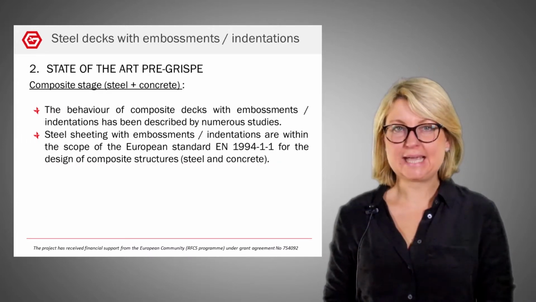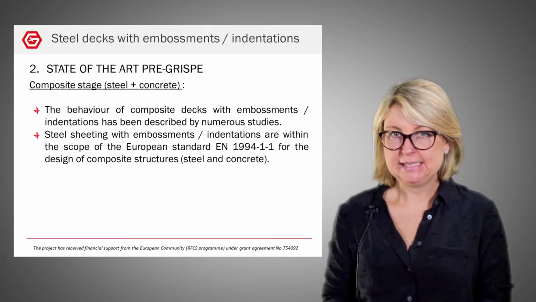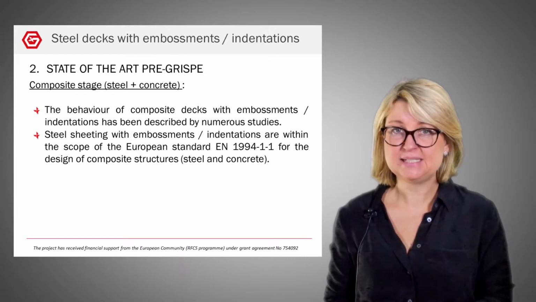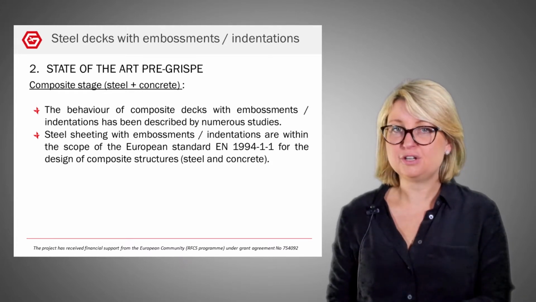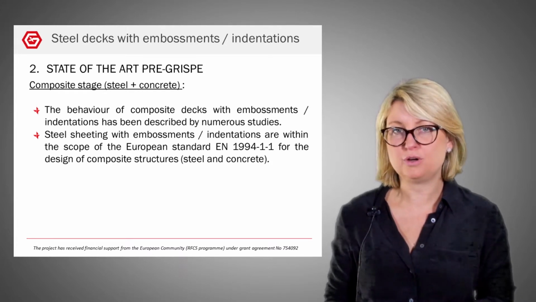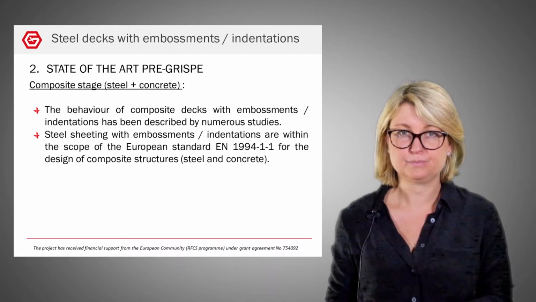At the composite stage, where the concrete and the steel collaborate, steel sheeting with embossments and indentations are within the scope of the standard Eurocode 4 Part 1-1 for the design of composite structures.